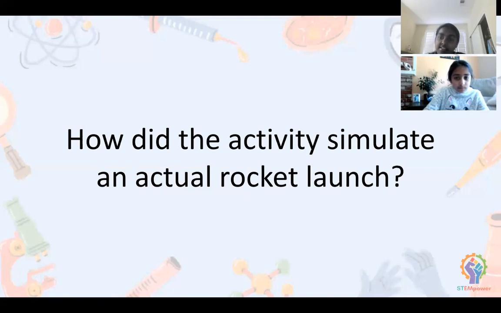That's correct. It uses the same principles. So how's it different? It's different because this is a balloon and that's a rocket. It's different because there's a string guiding it. In an actual rocket, that guidance will be led from inside the rocket and not on the outside.